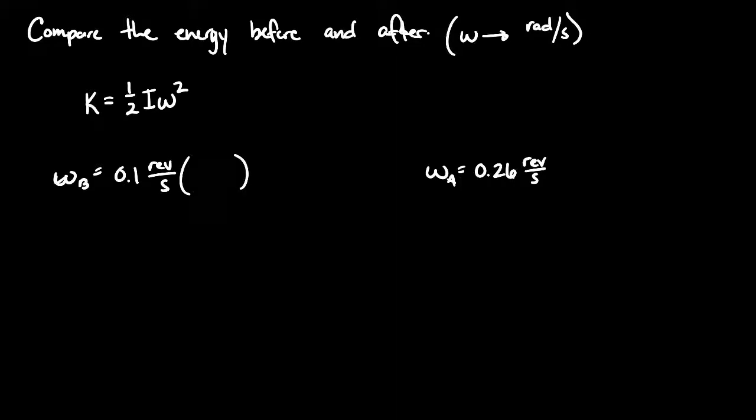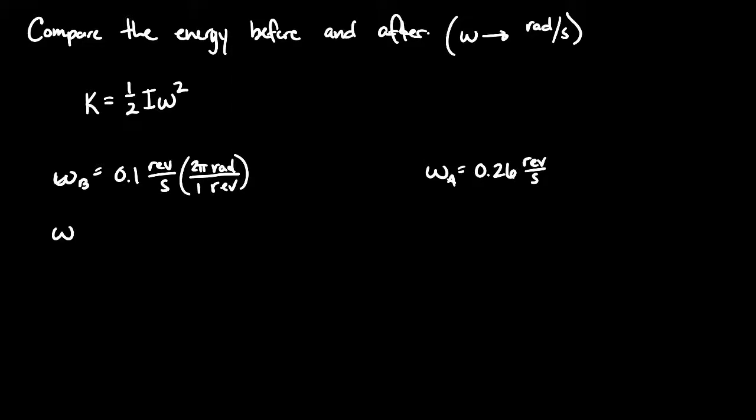Again, I use unit multipliers. I want to cancel out revolutions and be left with radians. So I put revolutions on the bottom, radians on the top. There are 2 pi radians for every 1 revolution. So I am multiplying this by 2 pi. Let's see, 2 pi is 6.28.